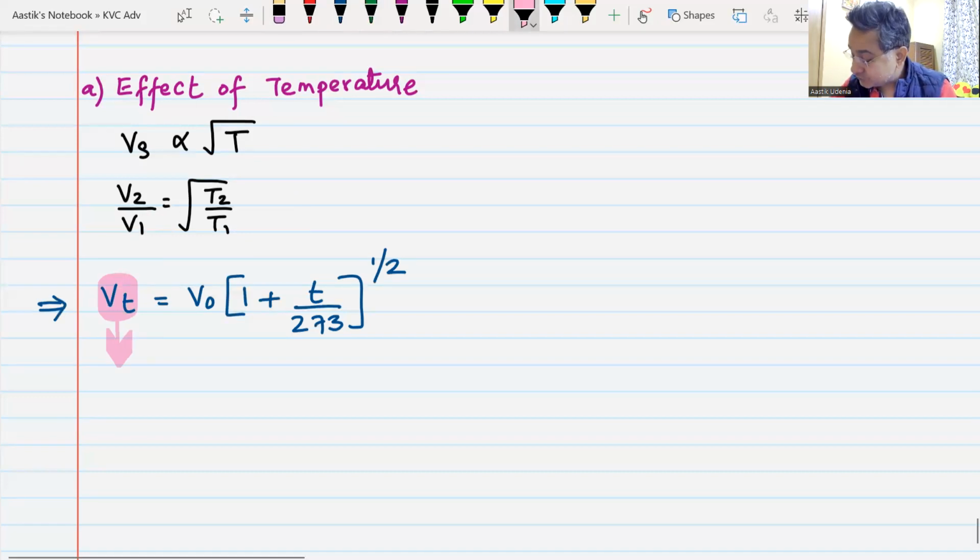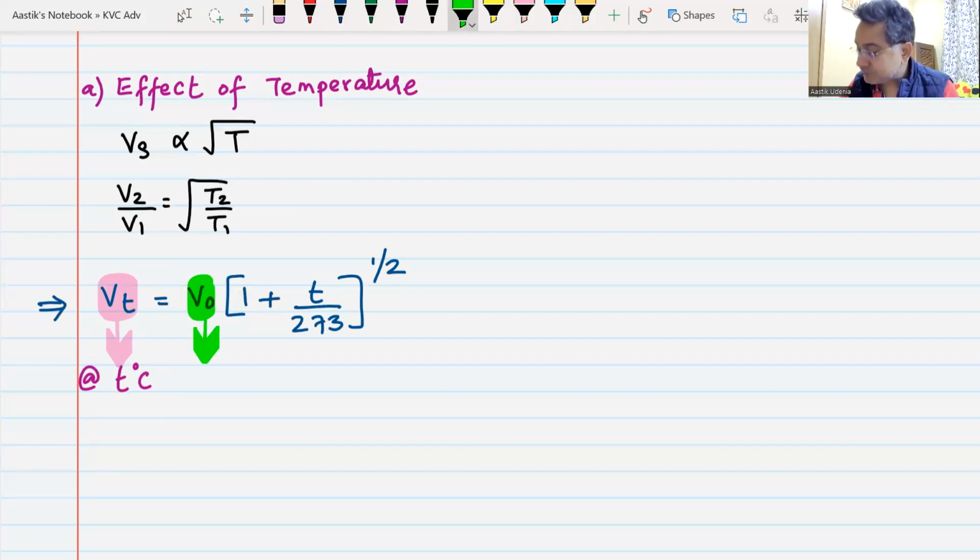Speed of sound at temperature T degrees Celsius. What does V naught stand for? Speed of sound at 0 degrees Celsius. Do we understand this? Yes, sir. So this is the formula that you can make.